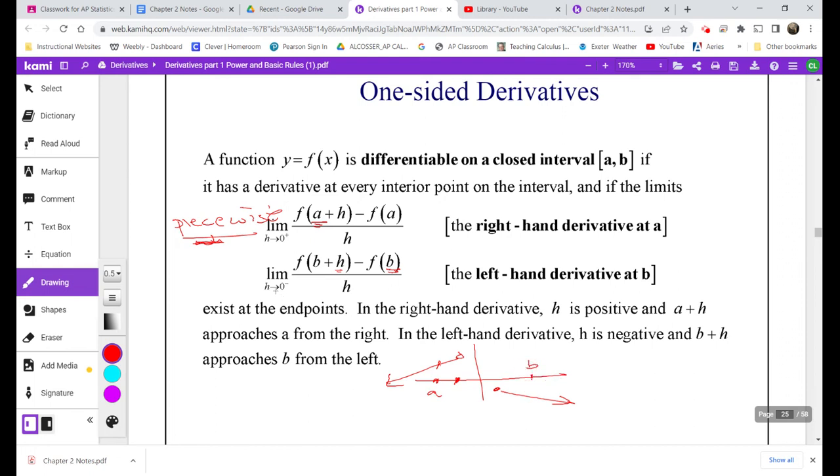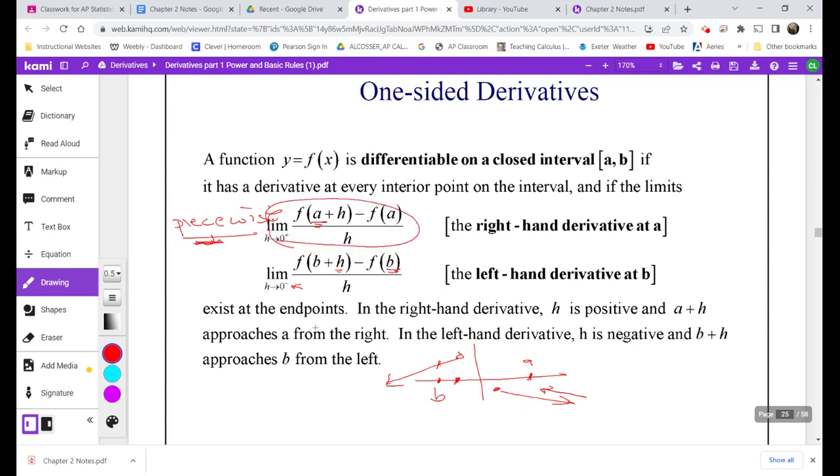So you have to come in, and I did it backwards. It honestly doesn't matter what you do, but according to this, we're saying coming in from the left, right? That one's coming in from the left, so this would be point B. And this one's coming from the right, so that would be point A. If it's coming from the right, you would use this one, which is still the same formula, guys.